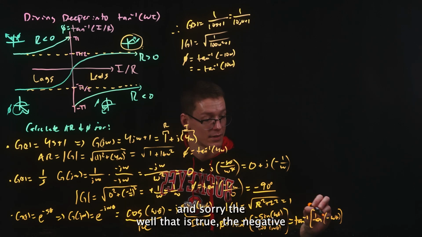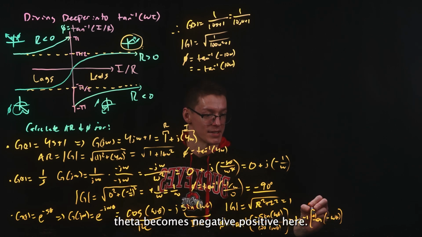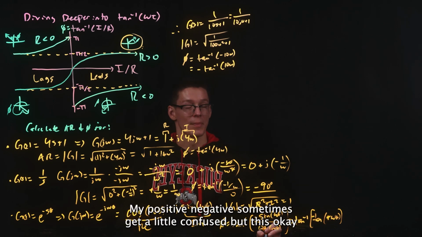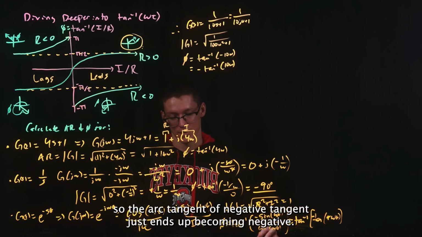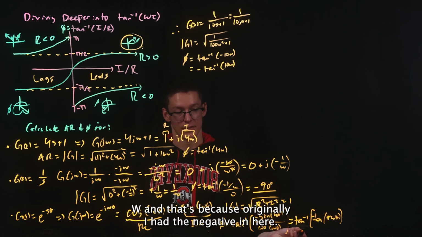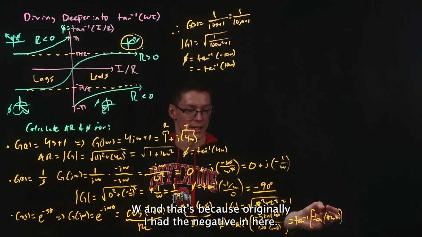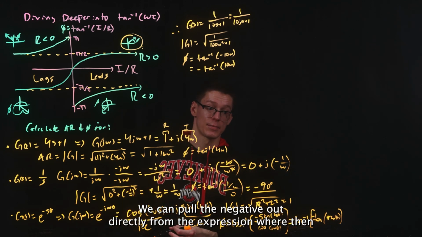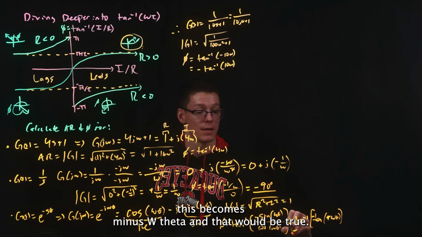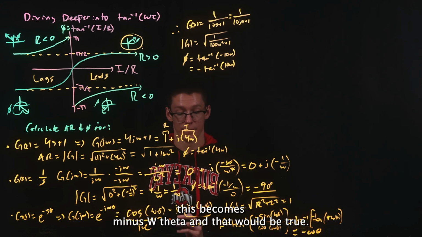My positive and negative sometimes get a little confused, but it's okay. So the arctangent of negative tangent just ends up becoming negative w theta, because originally I had the negative in here. We can pull the negative out directly from the expression, where then this becomes minus w theta, and that would be true.